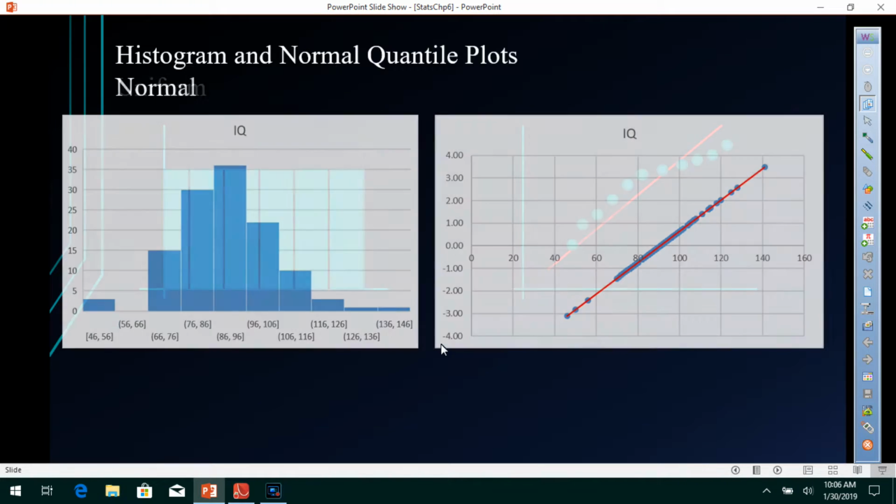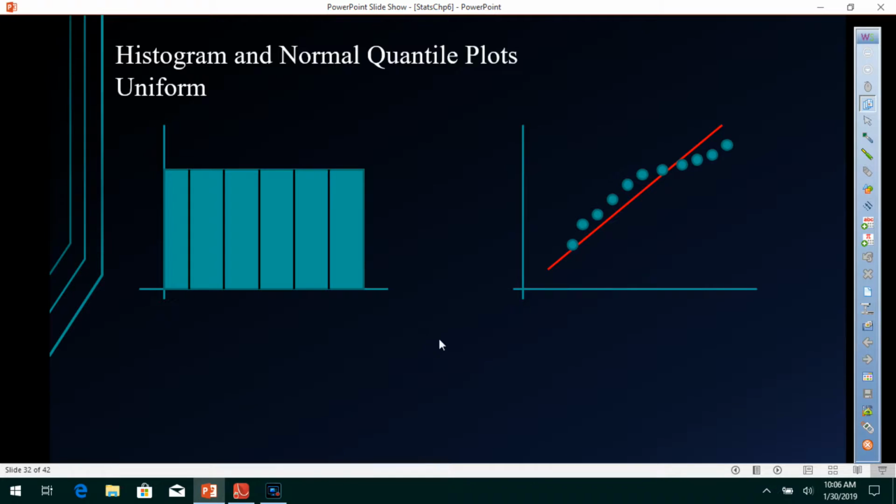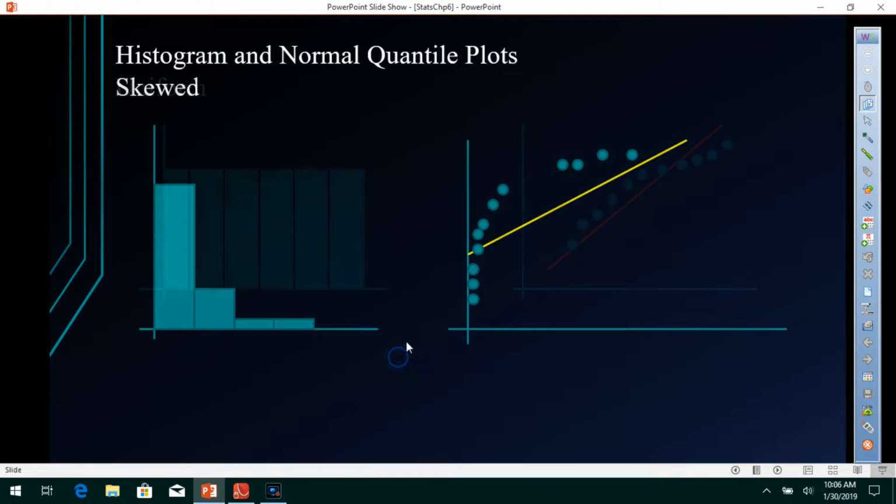You typically don't find them this good unless you have a whole lot of data. So when you see something like that, you can think it's probably from a uniform.